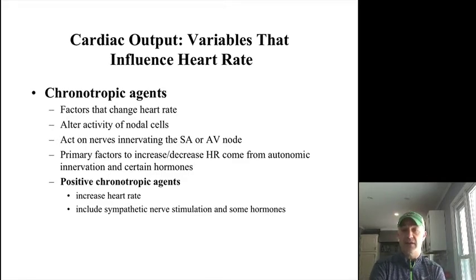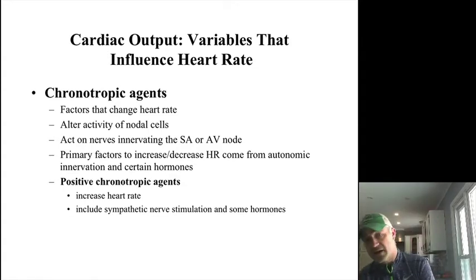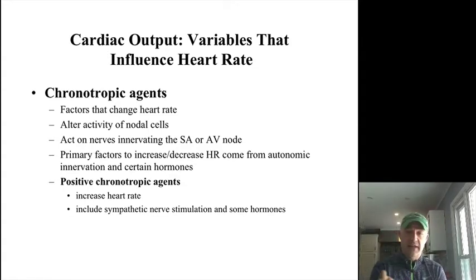Chronotropic agents are things that influence those nodal cells, the SA node and the AV node. Depending on which way we're going, these may increase or decrease the heart rate, and that's where we get into the ideas of positive versus negative chronotropic agents. A positive chronotropic agent is any type of hormone, neurotransmitter, or anything else that is going to increase heart rate.